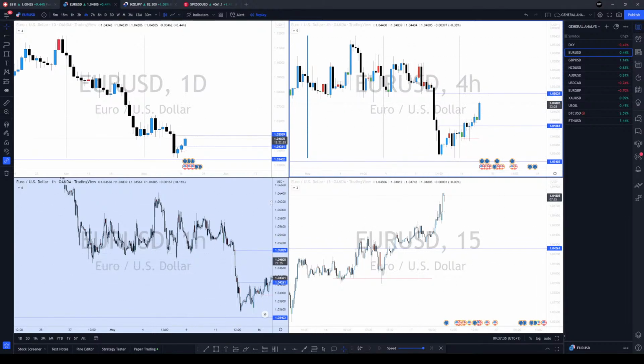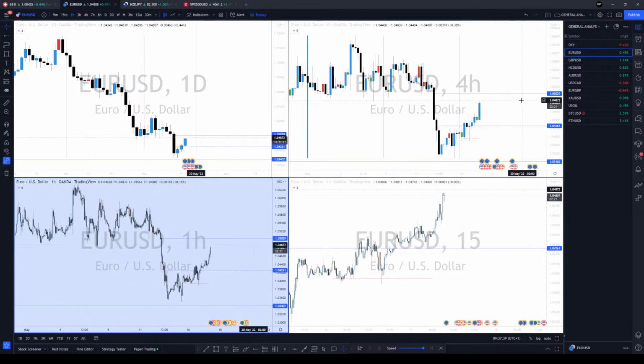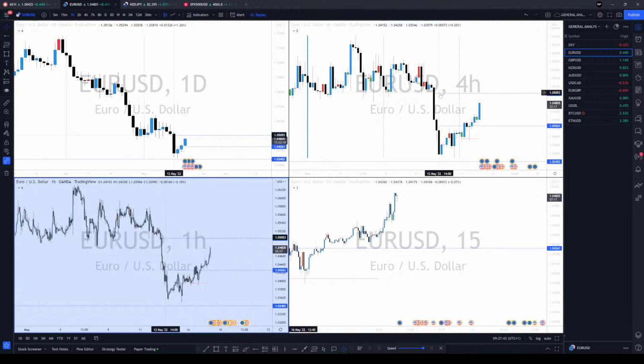Now how you want to trade it is, at some point, once it gets to where it needs to get to, it's going to give you two things, right? Breaking market structure, or it's going to give you a bearish order block. If it gives you a bearish order block on the 4-hour, I think you can use that to continue going down as a sell.